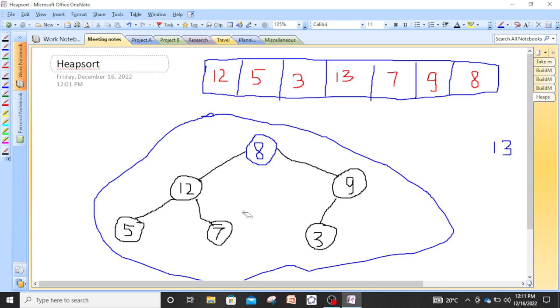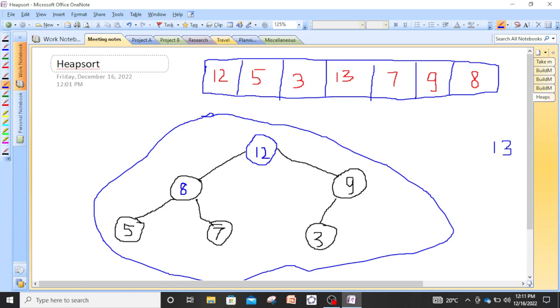So this 12 and 8 will be interchanged. 12 will come here, 8 will go down. This is the first step of the max heapify function.